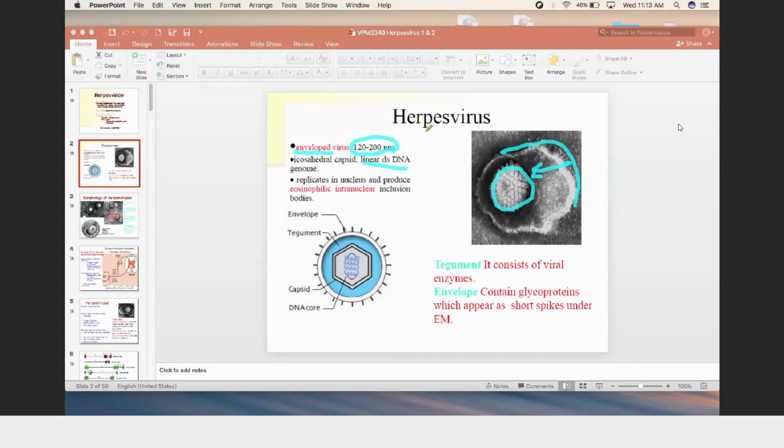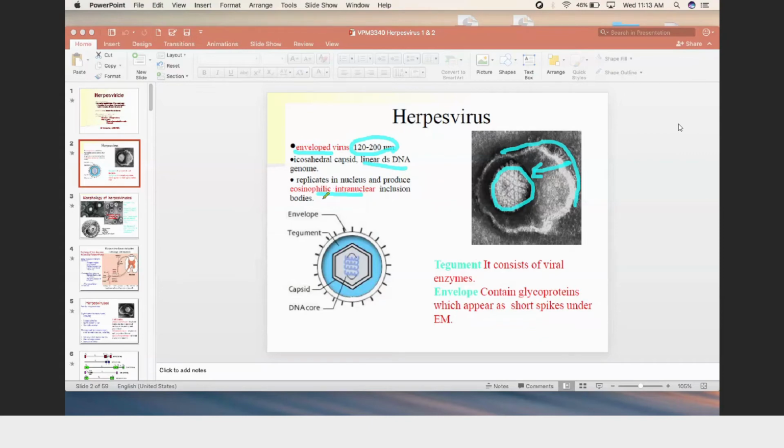So herpes virus is a DNA virus and replicates in the nucleus. All DNA viruses replicate in the nucleus, except pox virus, which replicates in the cytoplasm. It replicates in the nucleus and produces eosinophilic intranuclear inclusion bodies.